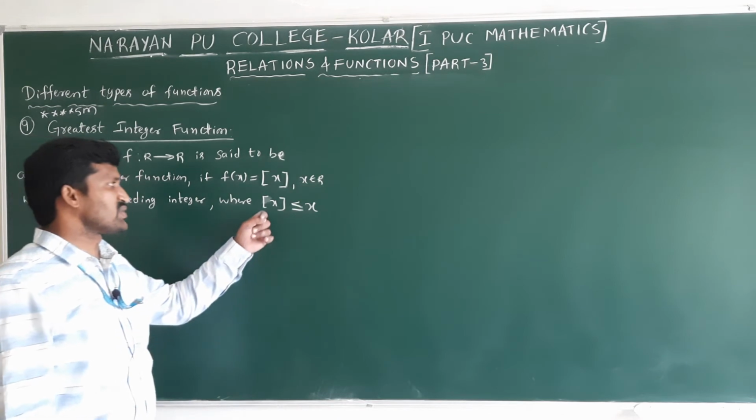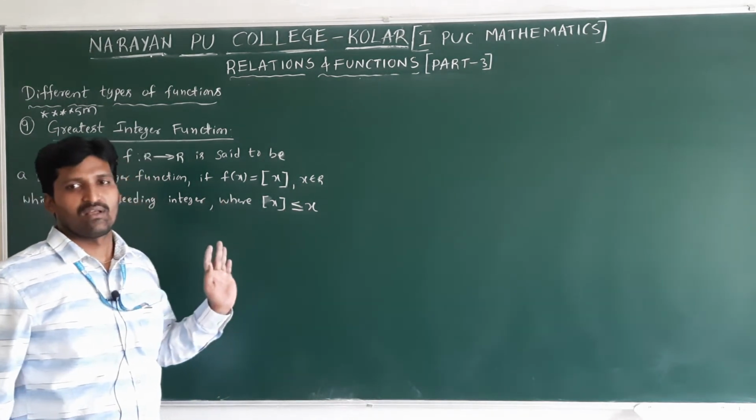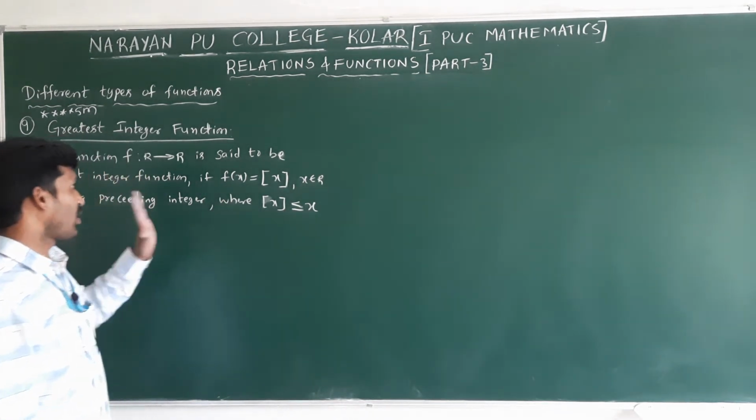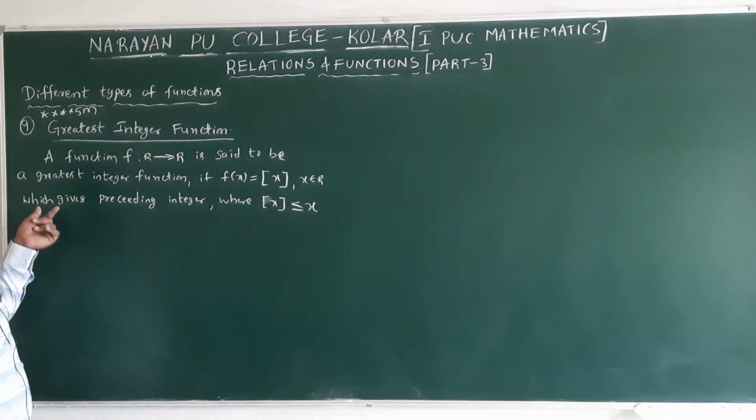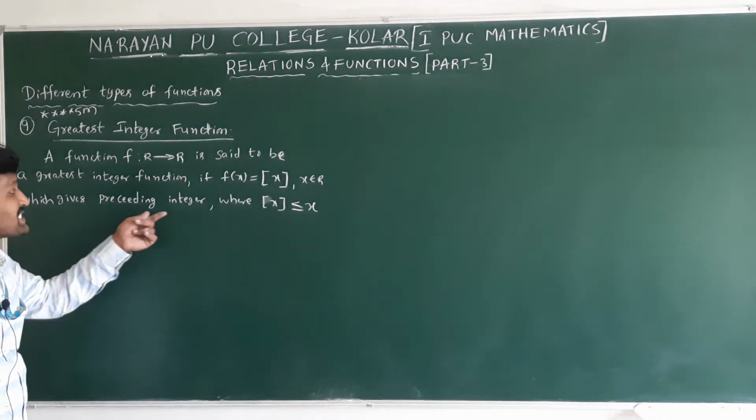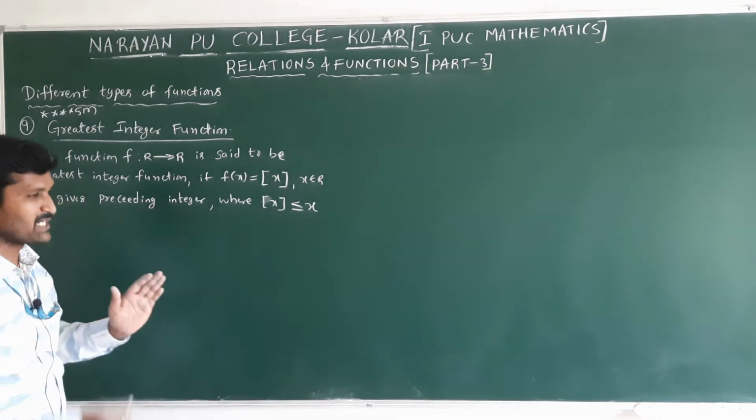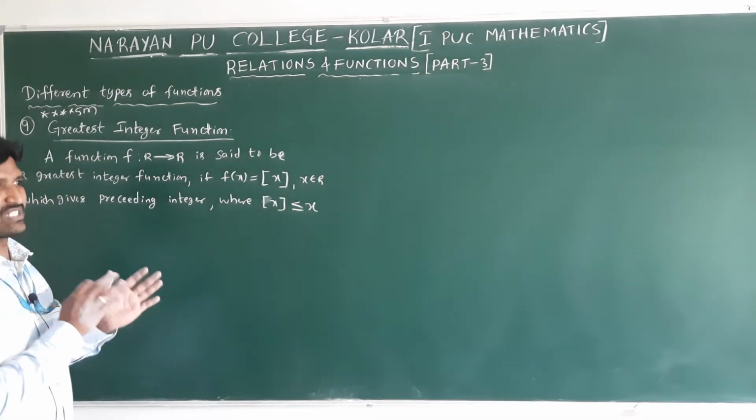Step x is always which one? Less than or equal to x value. Now the nature you have to understand here, the step x function always gives which one? Preceding integer. Preceding means previous, before, first value, whatever.